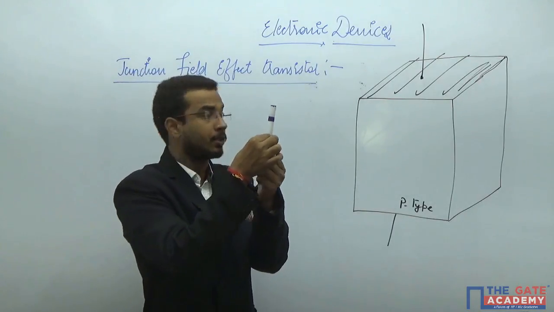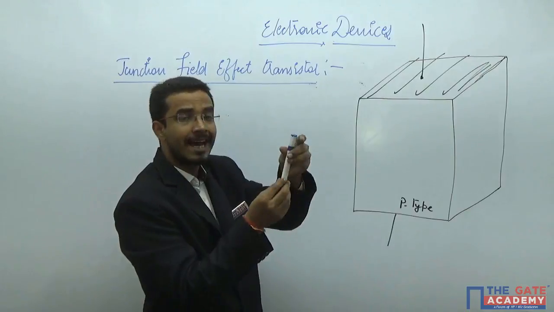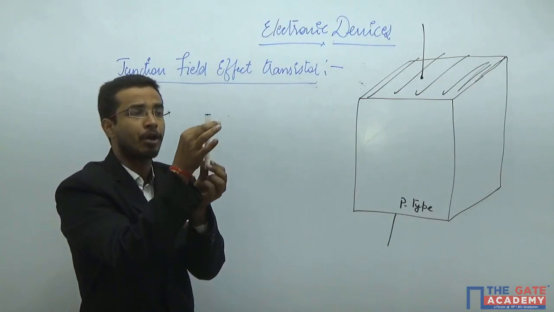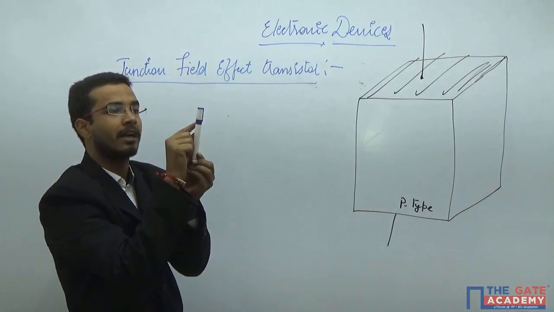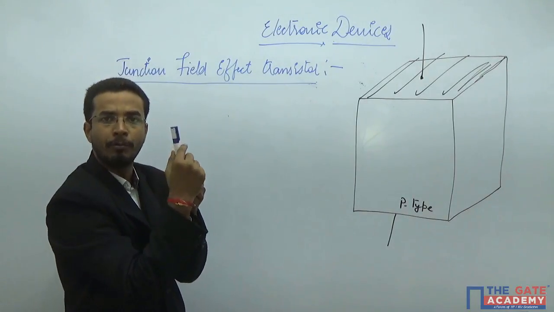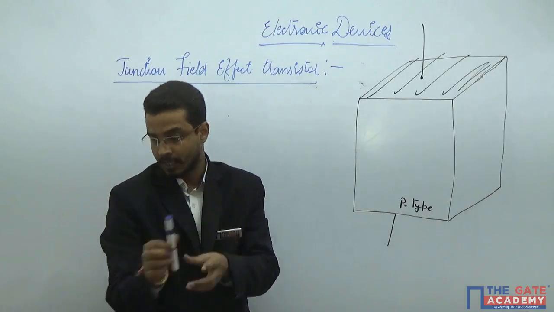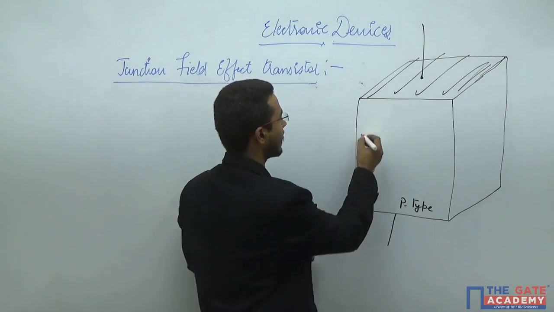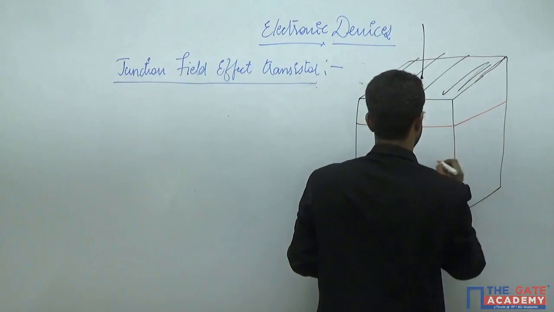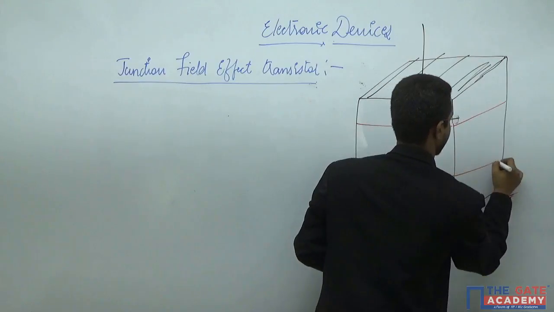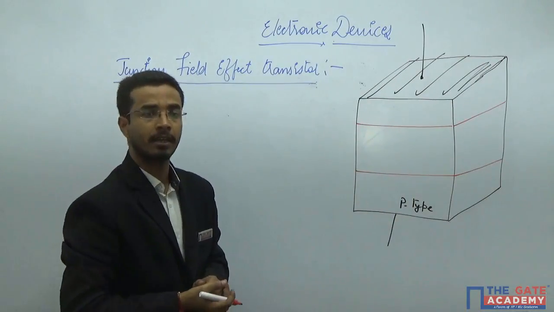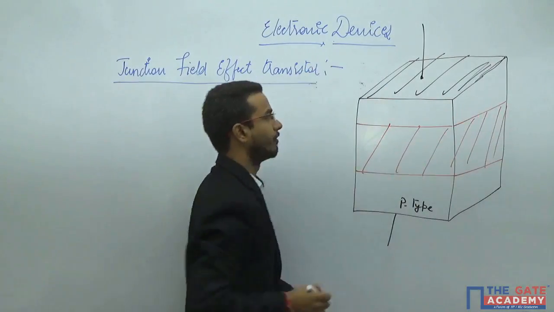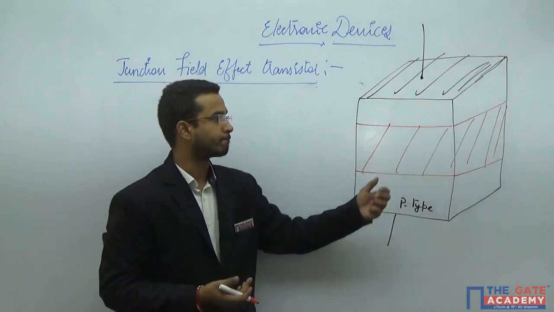If this is your substrate, this entire body of this color pen is your entire body, and then this ring of the blue color, like this, you will dope with any other type of impurities. That means if it is a P-type semiconductor, you will dope this entire region. Only two sides you can see. That means this entire part you will dope with any other type of impurity.